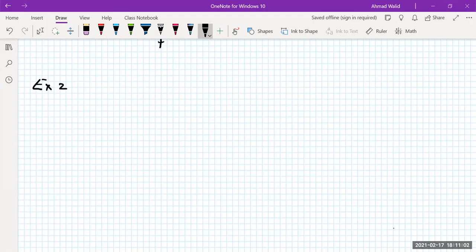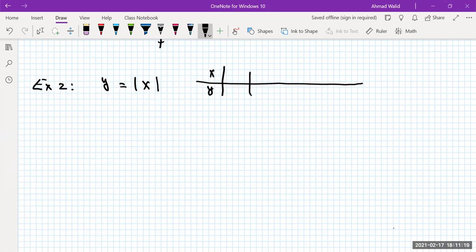Example number 2. Let's say y equals the absolute value of x. I need a table, x, y. Let's at least this time use 5 points. Let's start from -2, -1, 0, 1, and 2.